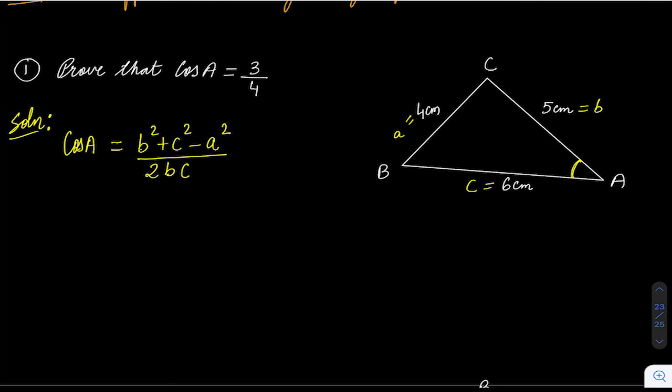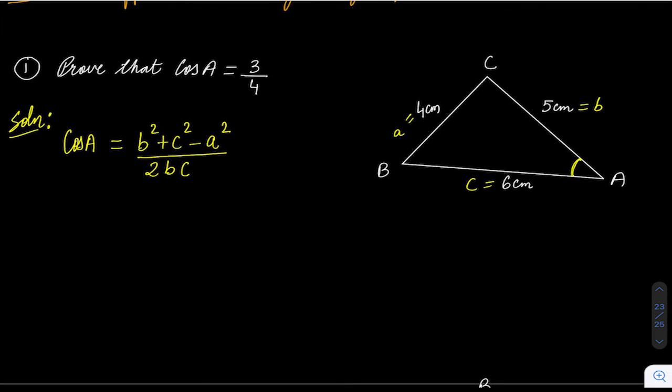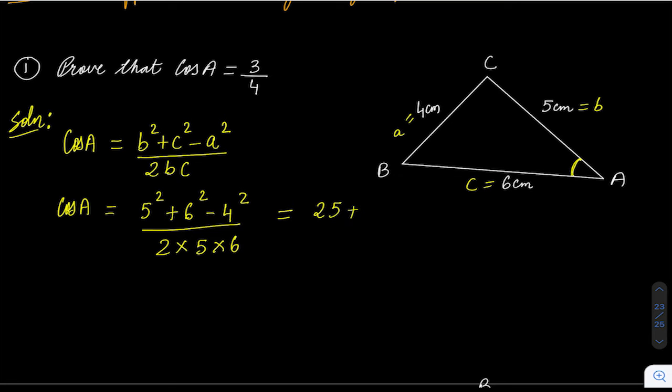That is the standard convention, but if you want your own convention, you can take that also, no problem. Now cos A will be equal to b squared, that is 5 squared, plus c squared, that is 6 squared, minus a squared, that is 4 squared, divided by 2 times b, that is 5, times c, that is 6. Let's simplify this. This will be 25 plus 36 minus 16 divided by 60.